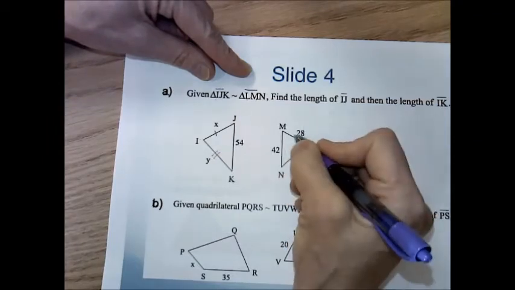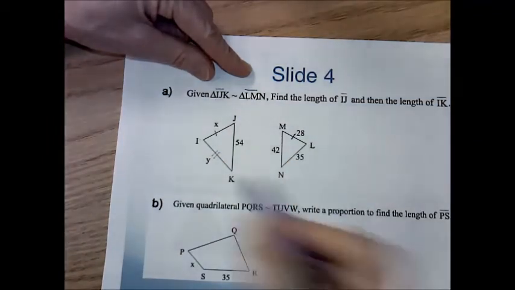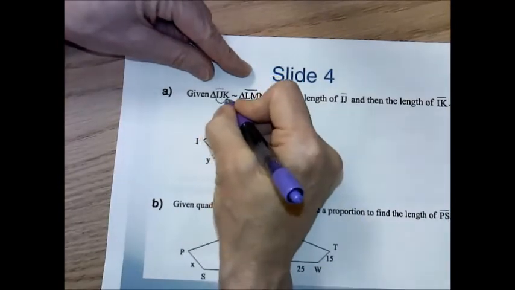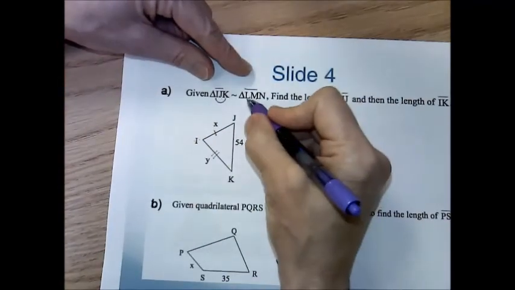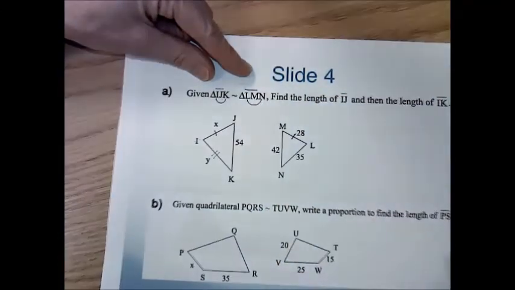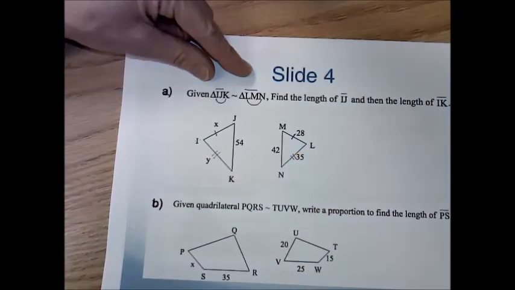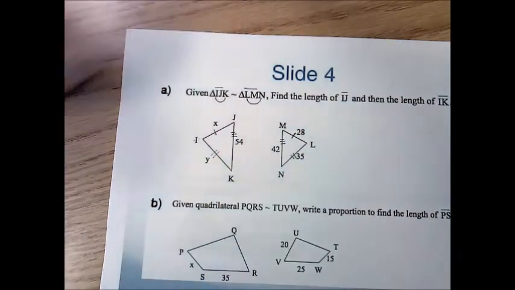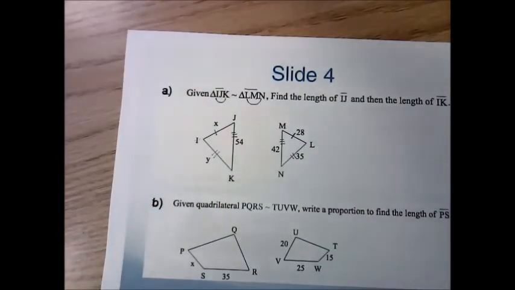So LM is side 1. We designated IK as side 2, so if I have IK as side 2, that means LN also is side 2. And that leaves us with the corresponding side 3, the 54 and the 42.